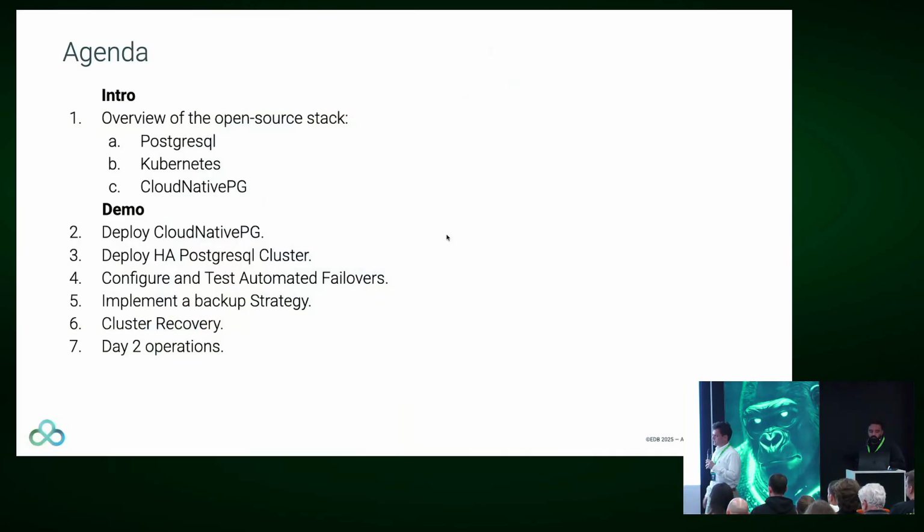It consists of Postgres, Kubernetes, and then Cloud Native PG, which is the Kubernetes operator that combines those. Danish is then going to demo this by deploying Cloud Native PG and deploying a highly available Postgres cluster. He's going to configure tests, implement a backup strategy, and perform a live recovery, which is exciting, and then associated day 2 operations.